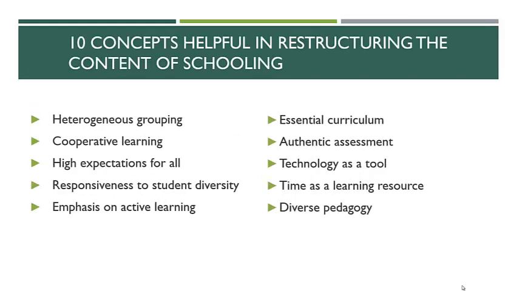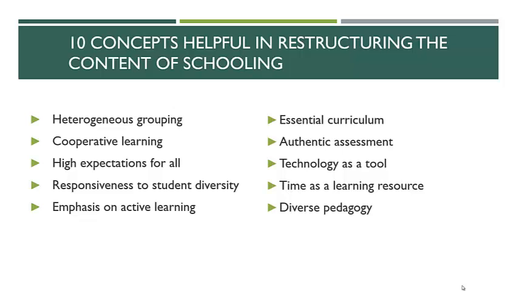And finally, the last thing we're going to look at here. There are more pieces to total quality management that we'll see in the module, but the last thing I want to look at is 10 concepts helpful in restructuring the content of schooling. Heterogeneous grouping.